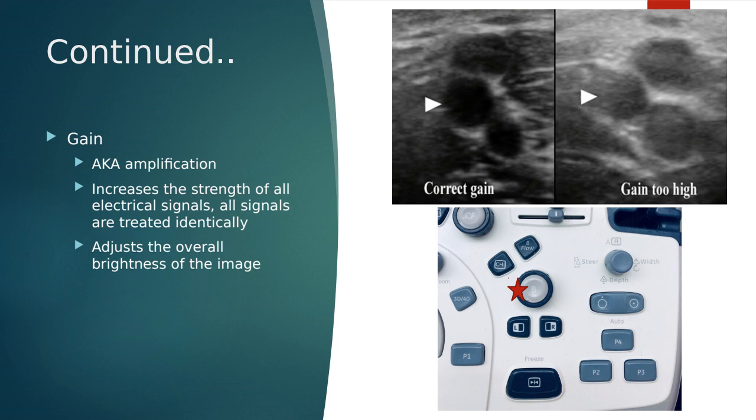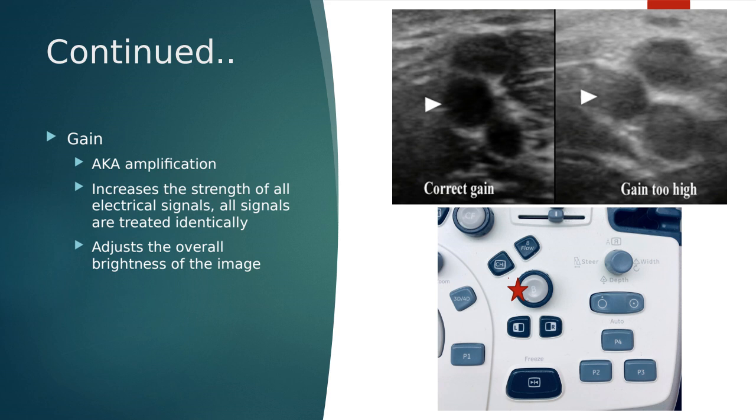So it's talking about adjusting the entire image the same way, in a uniform way. I'm either making my image overall brighter or I'm making it overall darker. If I am increasing my gain, I am making it brighter. If I'm decreasing my gain, I'm making it darker.